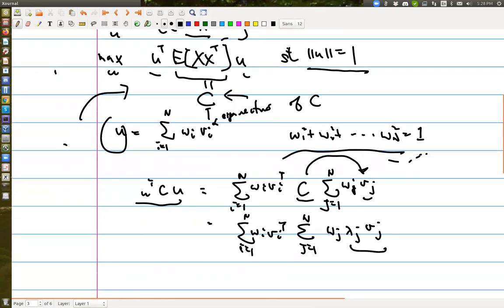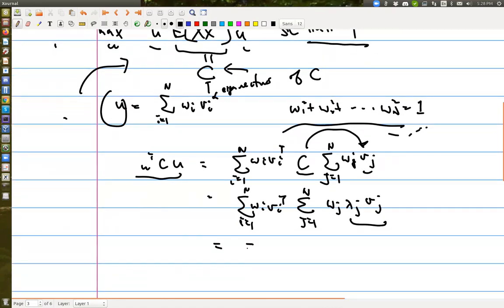Then I have the sum over i equal to 1 to n of Wi Vi transpose. Well, I can pull the summation to the front. So it's the sum over i and j equal to 1 to n of Wi Wj lambda j and Vi transpose Vj.